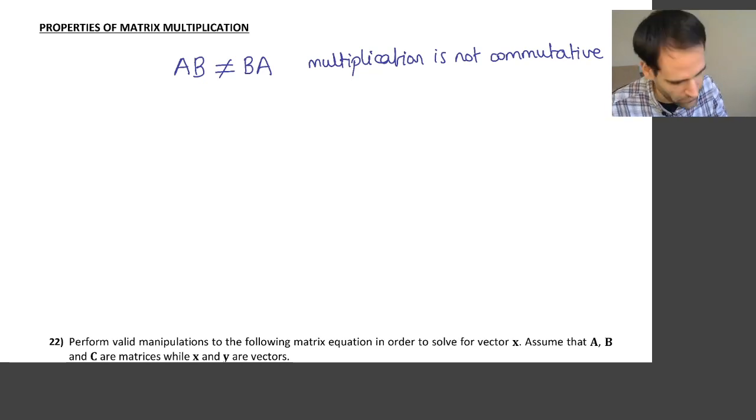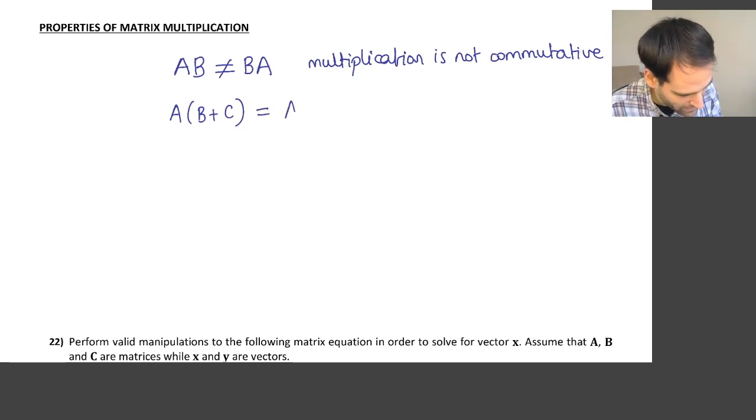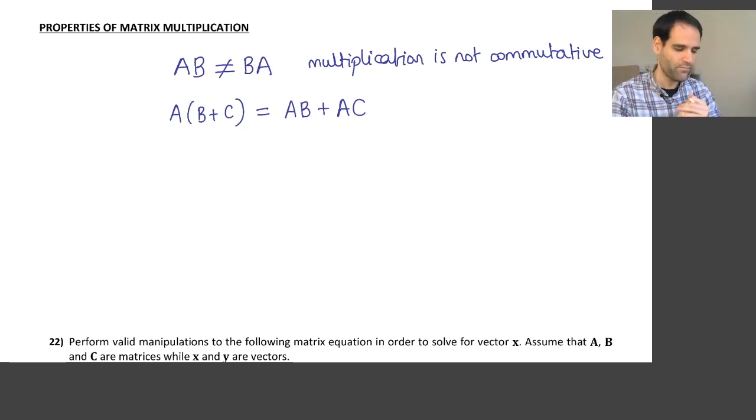Okay, so for example, you have this property, matrix A times, open parenthesis, matrix B plus C. You can write this as matrix A times matrix B plus matrix A times matrix C. But you have to be careful with the order of the operations.